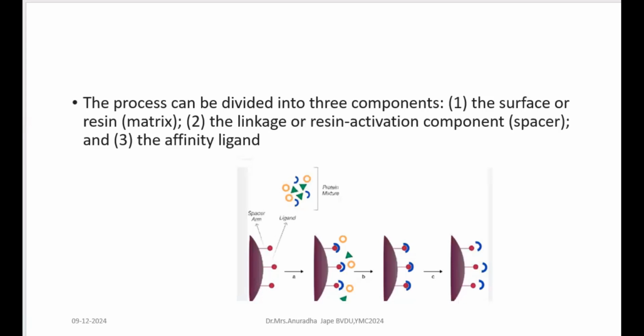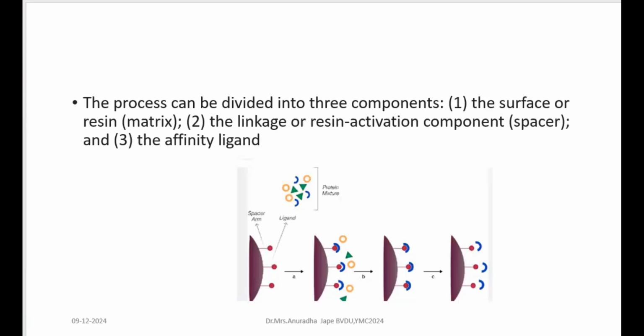So if the ligand is directly attached to the activated group of the support, the macromolecules, that is your analyte, will directly anchor onto it, and then they may have a problem like steric restrictions. When I say steric restriction or steric hindrance, that means there won't be any proper adsorption occurring onto the matrix. What do you want? You want your analyte of interest to get hooked onto the ligand, right?